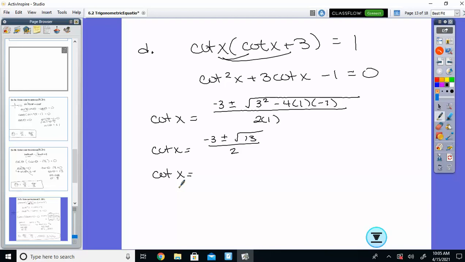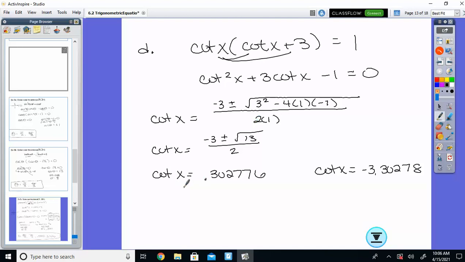So negative 3 plus the square root of 13 divided by 2. And we do the minus, negative 3.30278. How'd you get the second one? Negative 3 minus radical 13. Okay, not pretty, but we can do it.